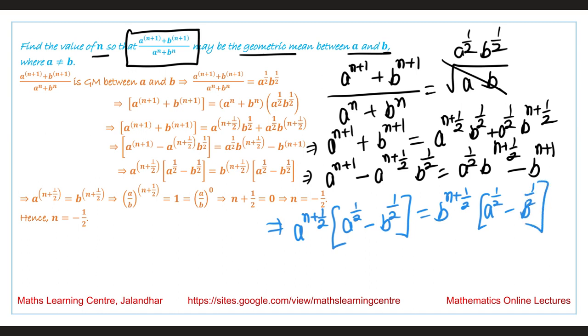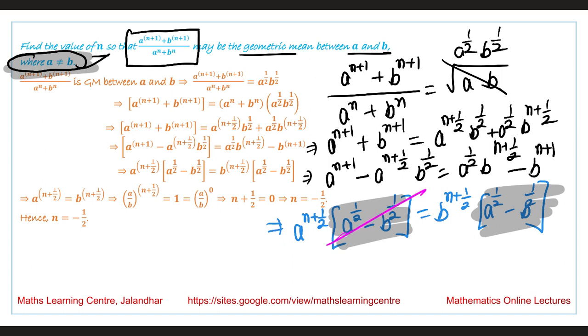Now it is being given that a and b are not equal. So what we obtain is that both these values are equal and they are non-zero. So these two values get cancelled and we are left with a by b raised to the power n plus 1 by 2 is equal to 1.